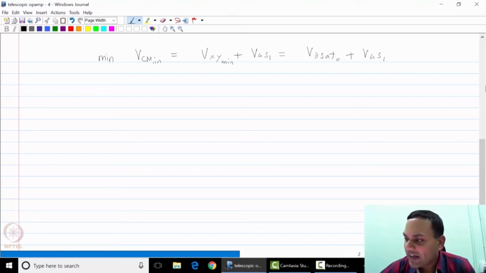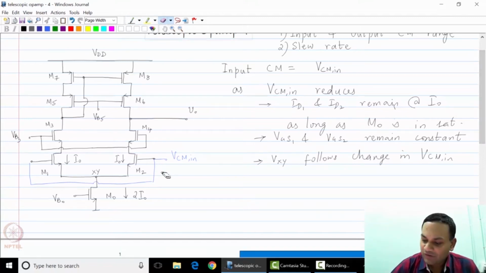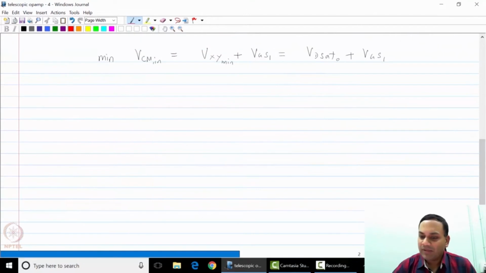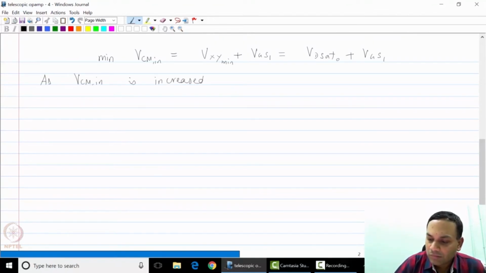Now next we will see what happens as you start increasing the value of VCM in. As you can see, you can follow the same set of arguments. So as VCM in is increased, you can say that VXY follows VCM in.